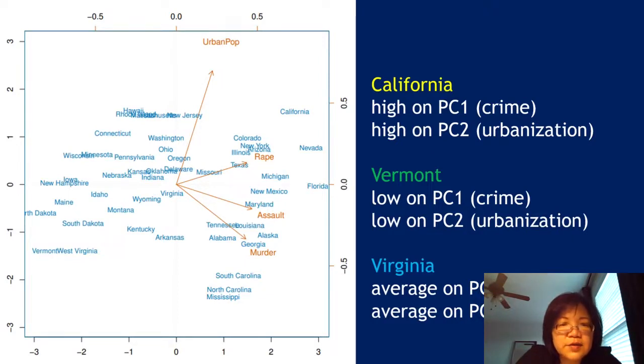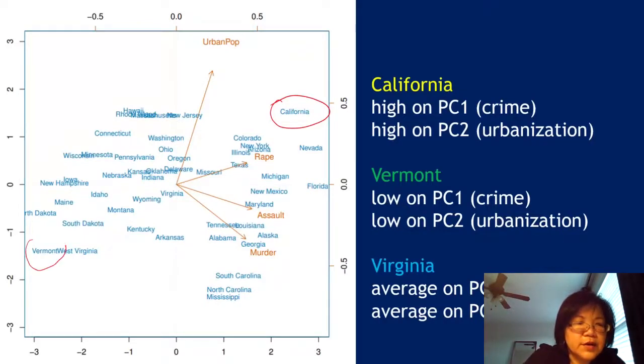So let's look at individual specific examples, right? When you look at California on the graph over here, you can see that it's high on both principal components, both high on crime and urbanization. So it's in the upper right corner of the graph.